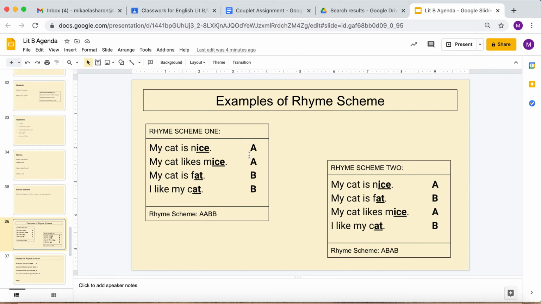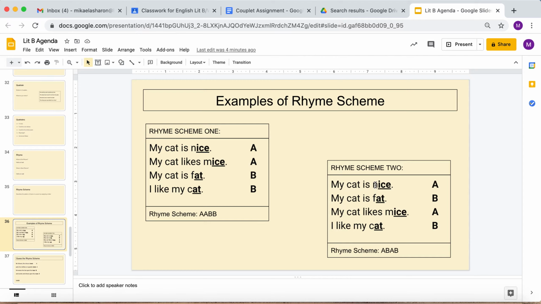So that's given the letter A. Now these last 2 lines rhyme with each other, and they end in the sound at. So that's different from this ending sound, so it's given the letter B. So the rhyme scheme here is A, B, B, because lines 1 and 2 rhyme, and lines 3 and 4 rhyme.